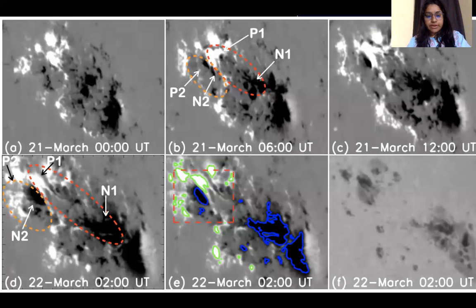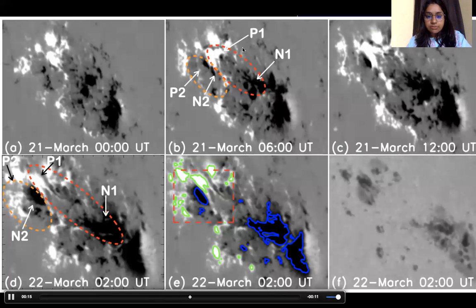If you look at a zoomed view, this is the emerging flux region 1 and this is the emerging flux region 2. Emerging flux region 1 mainly consists of the main part of the active region, with the leading negative polarity and the following positive polarity.